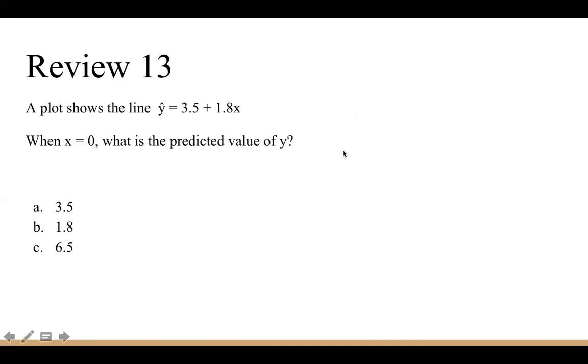Okay, we're going into our last review questions. I give you the equation there. So really, when x equals 0, what is the predicted value of y? It's really just finding the y-intercept here.